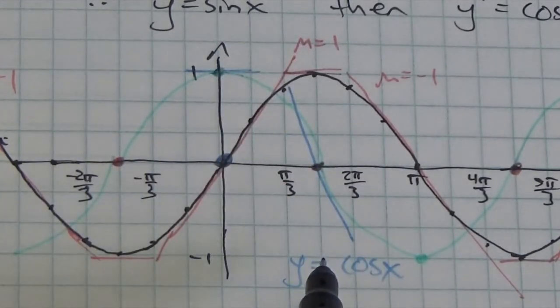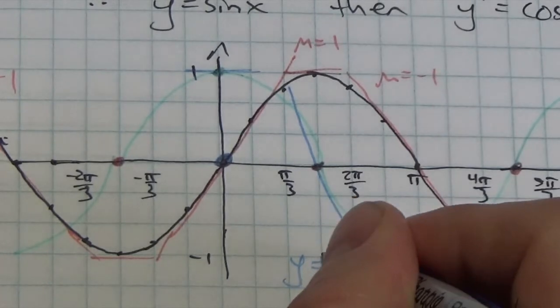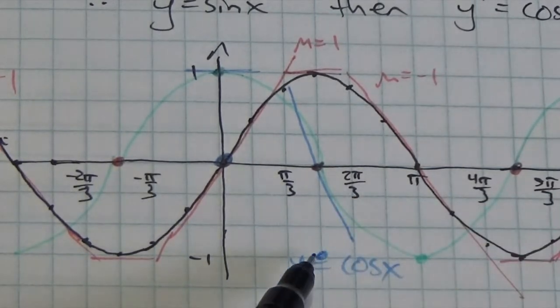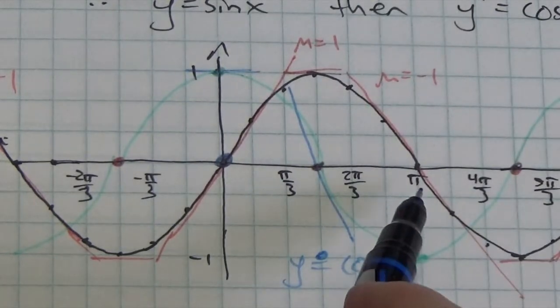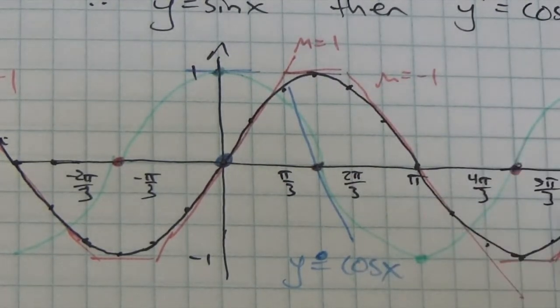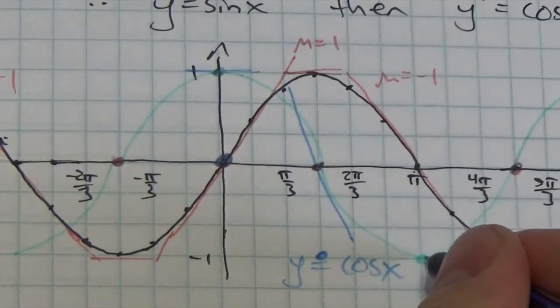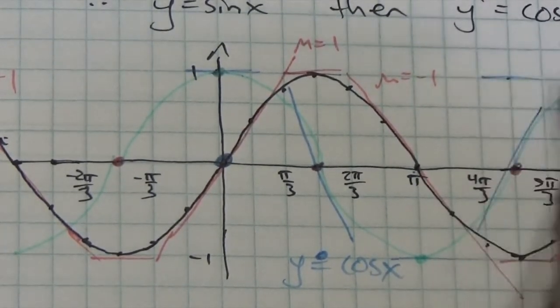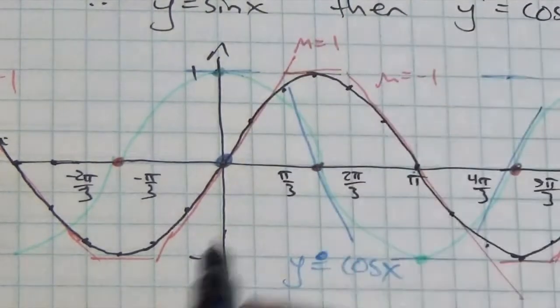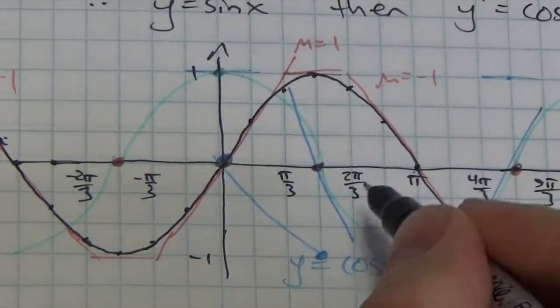So when we get to this point right here, the y-coordinate is actually down here as opposed to going up. And then when we get to here, again, the slope of the tangent is 0, and when we get to here, the slope of the tangent is +1. So if you plot this out, it actually does this instead.